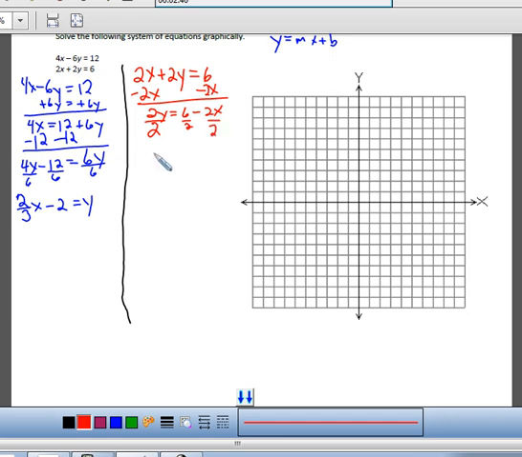Now, even though it's not exactly in y equals mx plus b form, it's close enough. If you want to switch the 3 and the negative x around and make it negative x plus 3, that's fine. But now I have what I need to type this into my graphing calculator. Alright, and then what I need to do is make a couple tables and plot this.